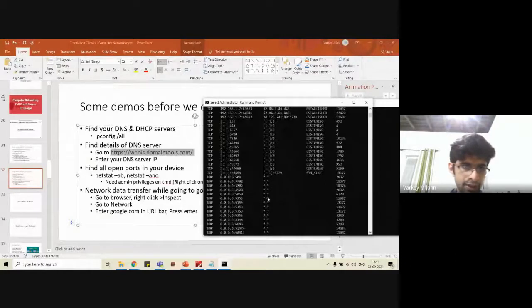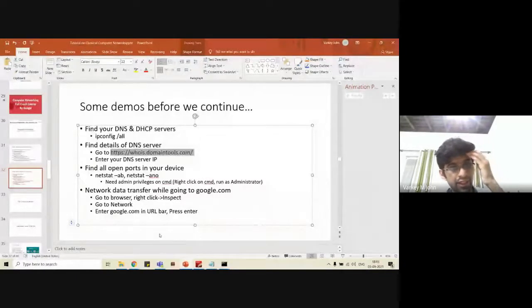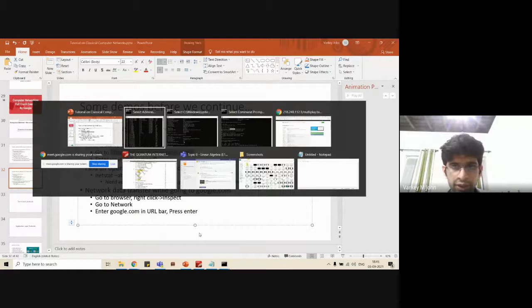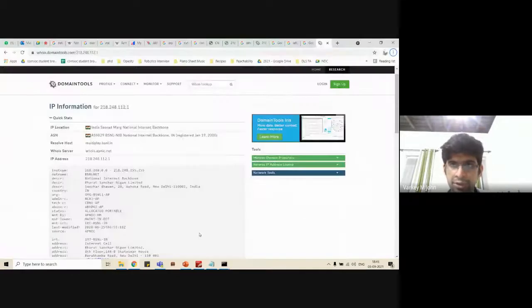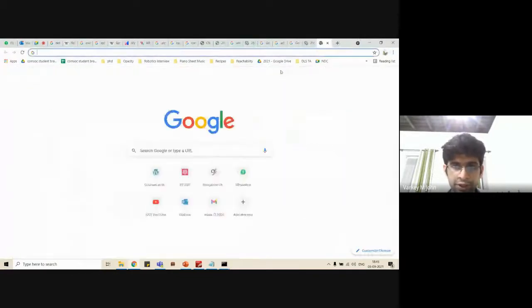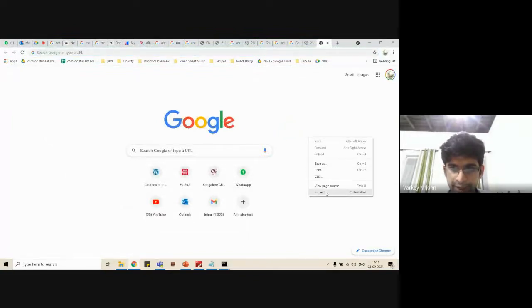So the final demo is we can find the network data transfer that is going on while you're going to google.com. For this, you just have to go to your browser. If you're using Google Chrome, you can do Control-Shift-I or right-click and inspect.